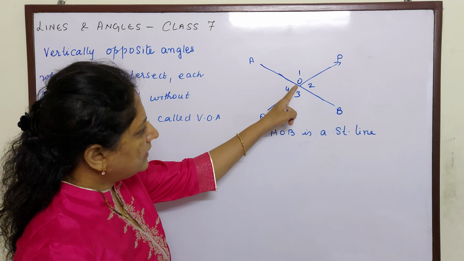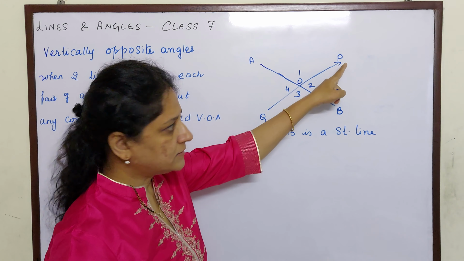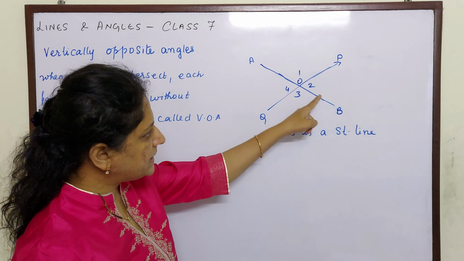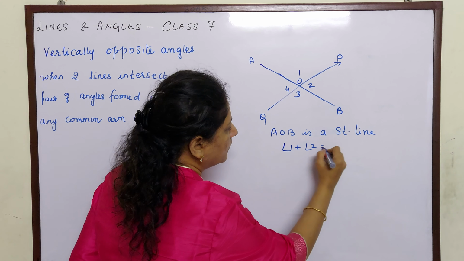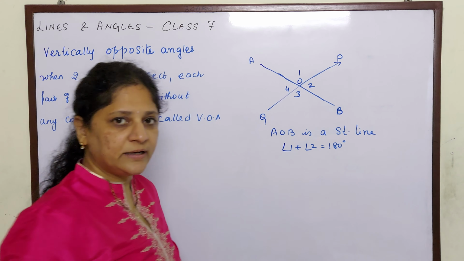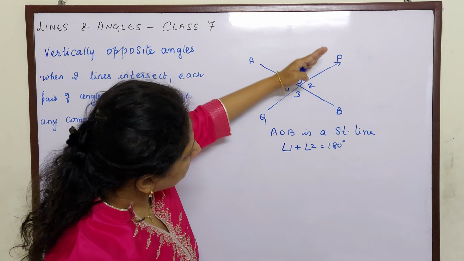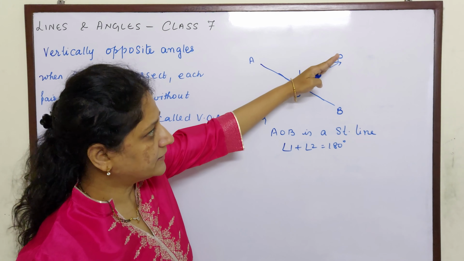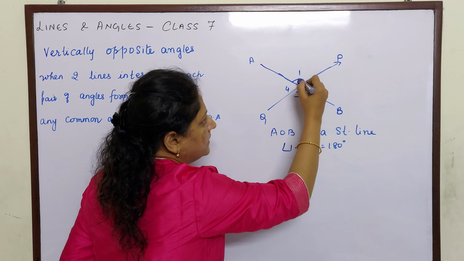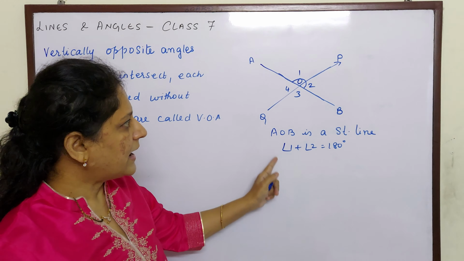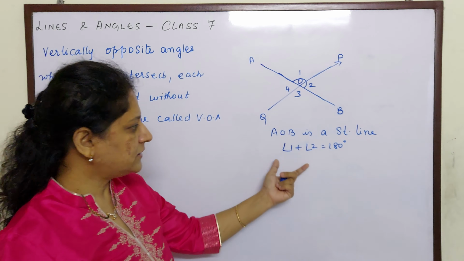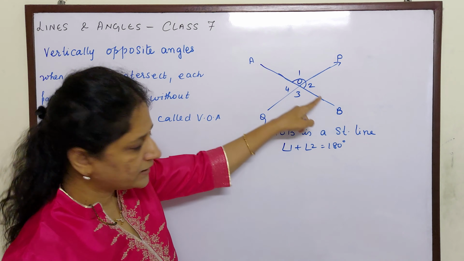So angle 1, that is AOP, plus POB, that is 2, so angle 1 plus angle 2 will make 180 degrees. Do you agree? Angle 1 plus angle 2 will form a linear pair because they are supplementary. So angles on a straight line are also 180. So angle 1 plus angle 2 is 180.